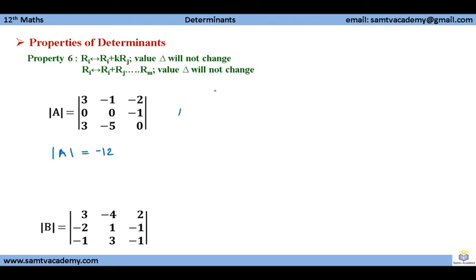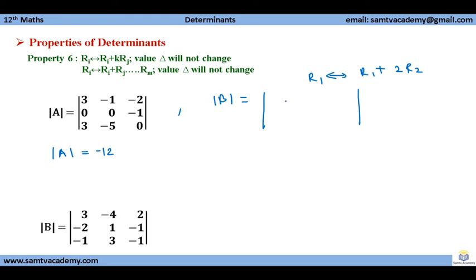Now we will make another determinant b, in which we will replace r1 with r1 plus 2r2. So if you are replacing r1 with r1 plus 2r2, what matrix are you going to get?